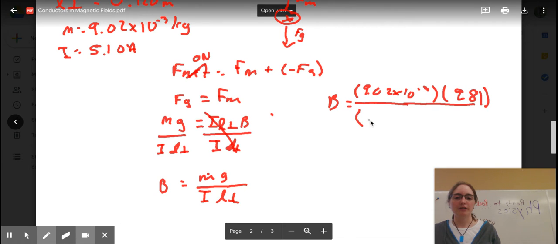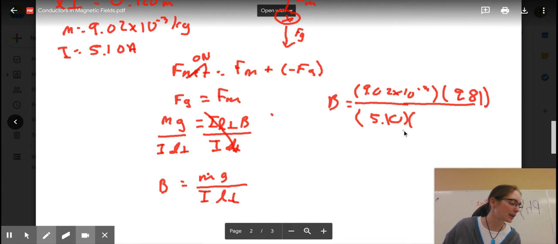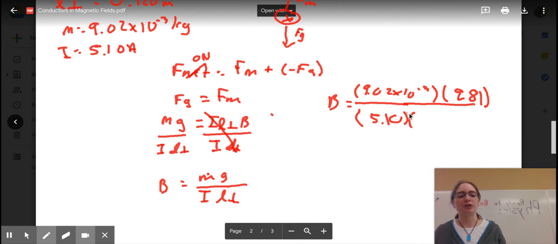And now I'm going to divide by my current, multiplied by the length of the wire. What was that again? We're going to have that 0.120 meters.